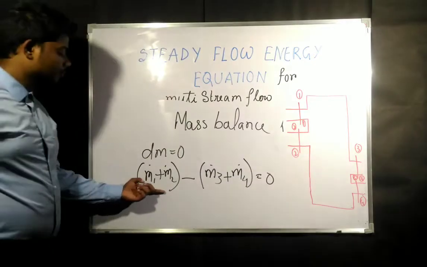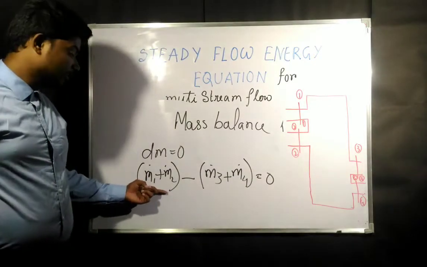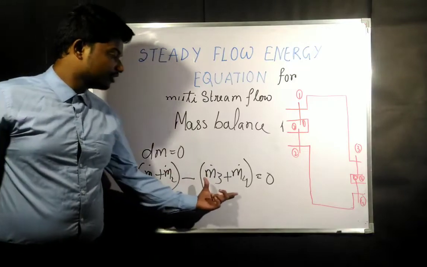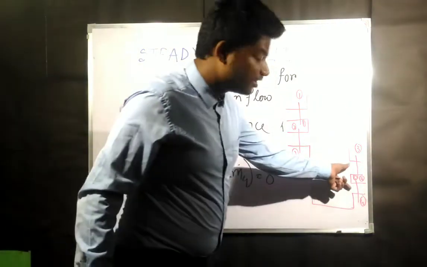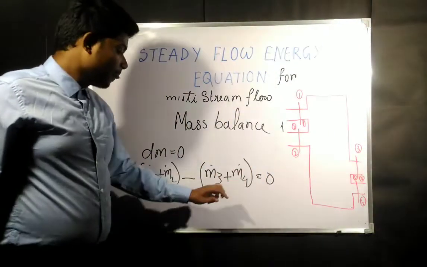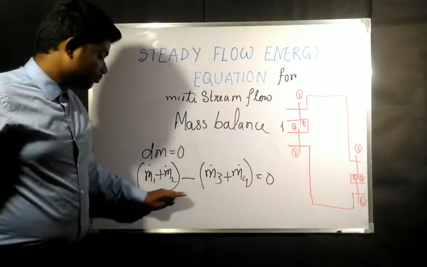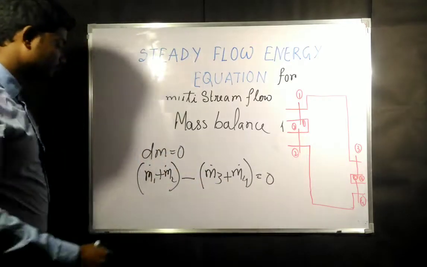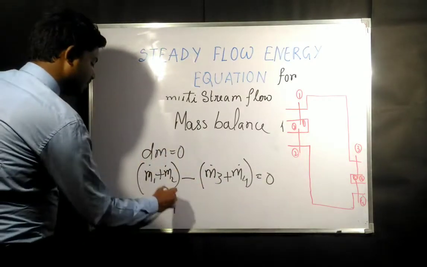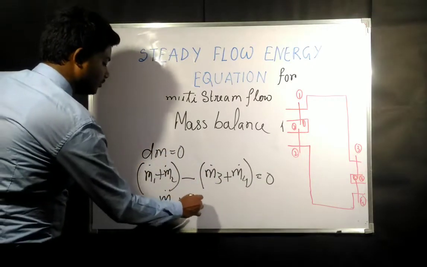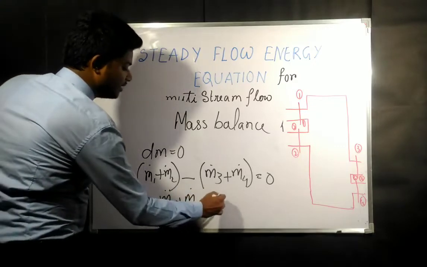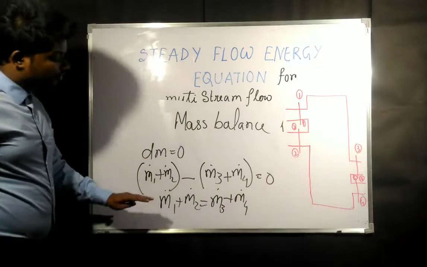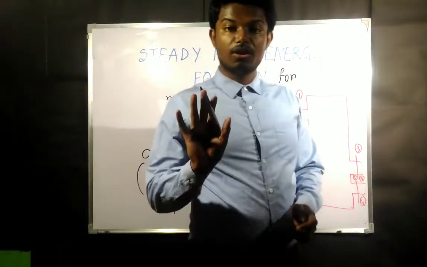If we subtract both, then the mass accumulation must be 0. So from this we get that m1 dot plus m2 dot is the same as m3 dot plus m4 dot.